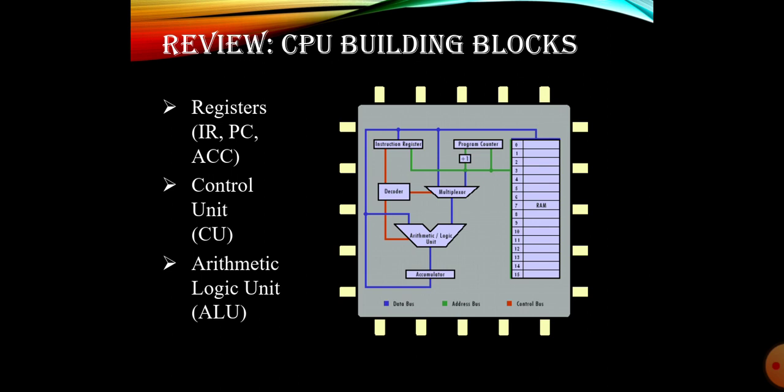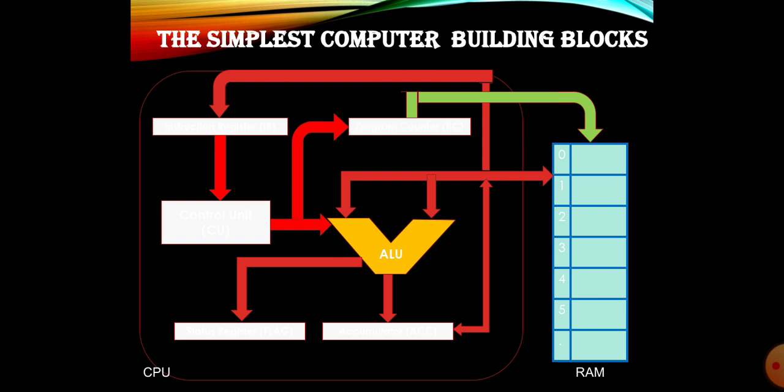So let's see how the building blocks work. The building blocks work in the way of register pair, program counter, and accumulator, and it is transferred into arithmetic logic unit operations. So this is the simplest computer building blocks. So this is ALU. It will store the data and send it to the RAM, which is stored to the CPU for further processing.